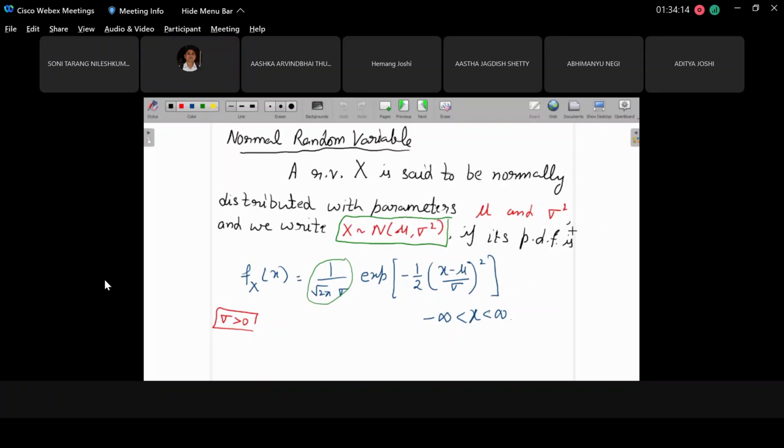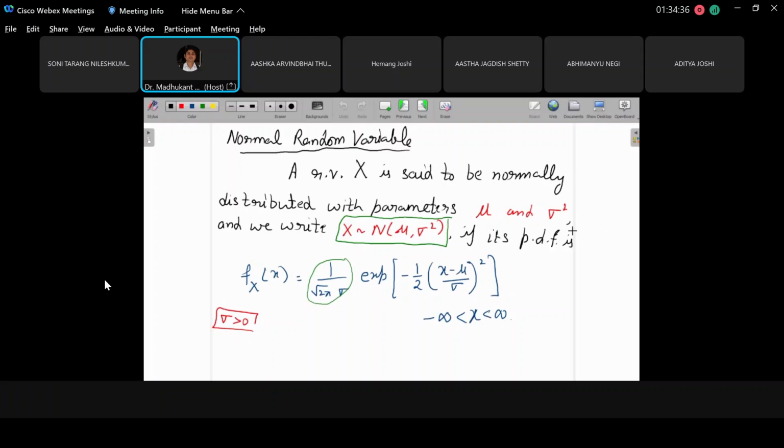Okay, so it is very important from the research perspective. Let us see further what we can do more about it. Let me first give you the definition, then we will see that plot.